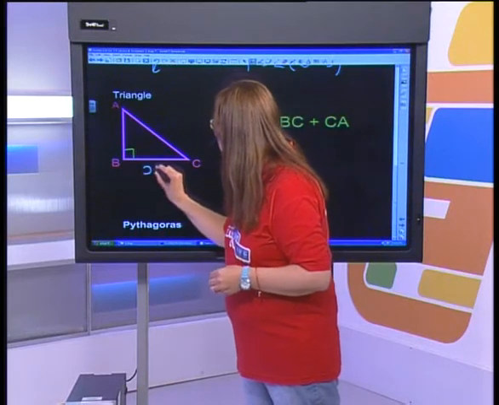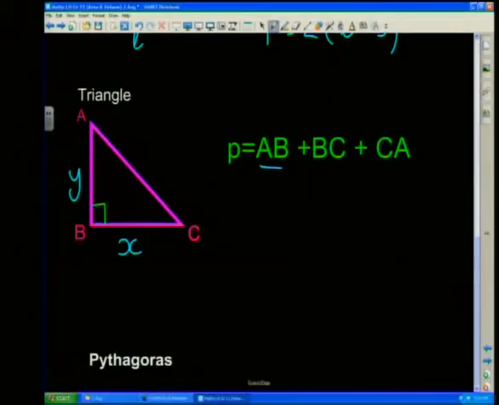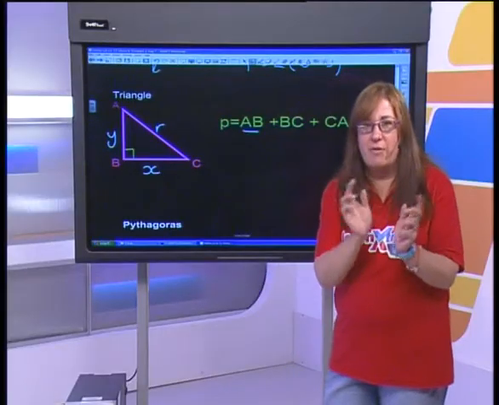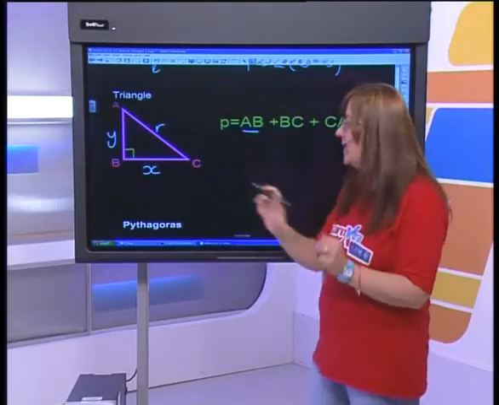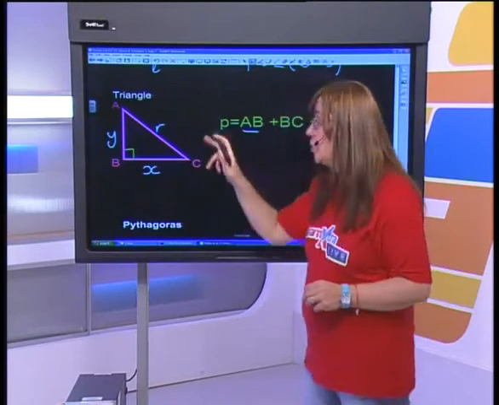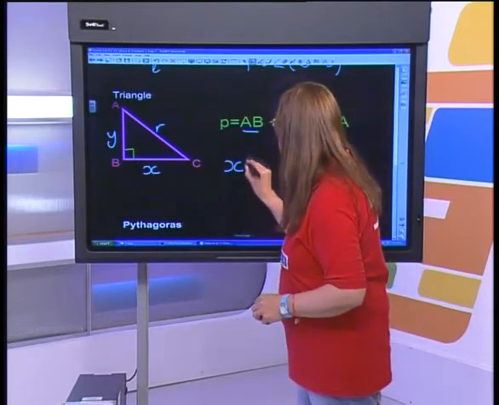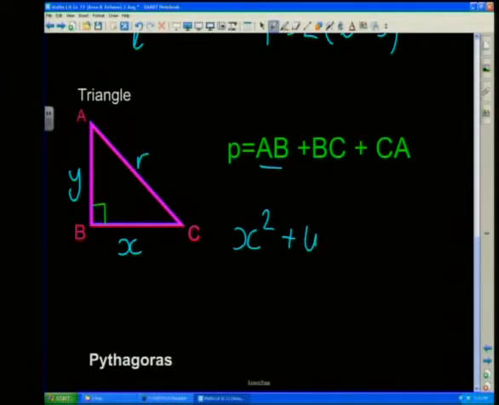The sum of the squares of the 2 sides on either side of the right angle is equal to the square of the hypotenuse. So x squared plus y squared equals r squared.